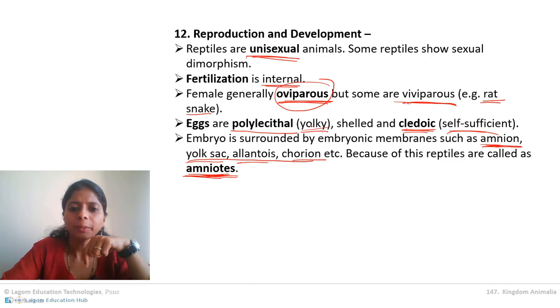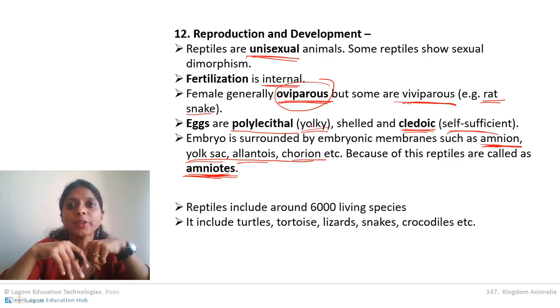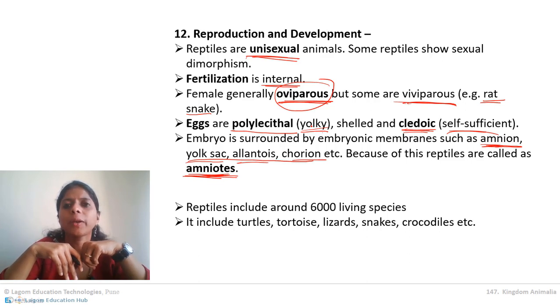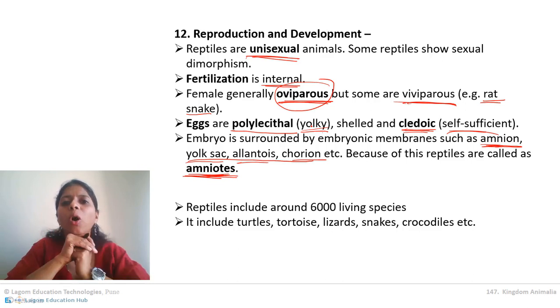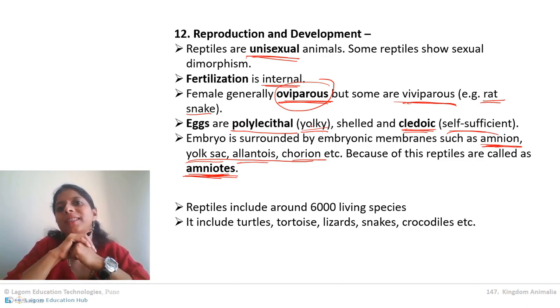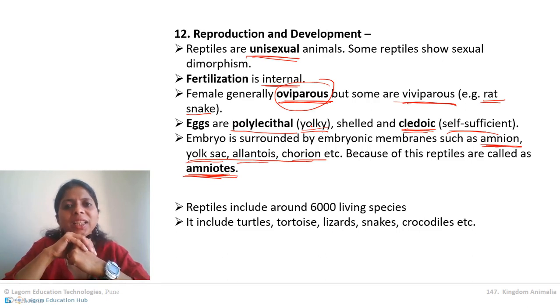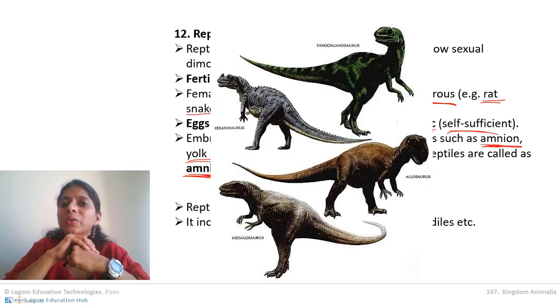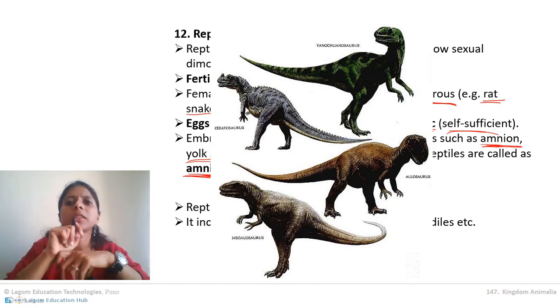Now when we consider different examples of reptiles, only 6,000 different living species of reptiles exist today. But there was a period of evolution on Earth called the Jurassic period. In this Jurassic period, the whole land was covered by huge reptiles. We generally call them dinosaurs. There were different species of dinosaurs at the time, and it was heaven for the reptiles.